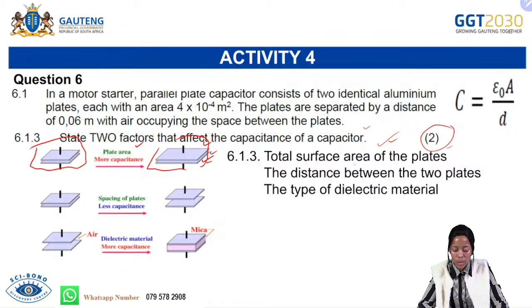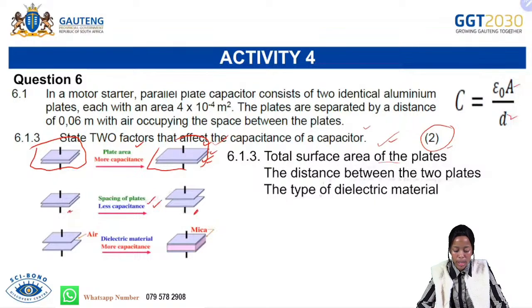So a bigger total surface area will have more capacitance. And then number 2, the distance between the 2 plates. This one has a smaller distance as compared to this one, so the bigger the distance, the less the capacitance. So we've got the area and the distance.